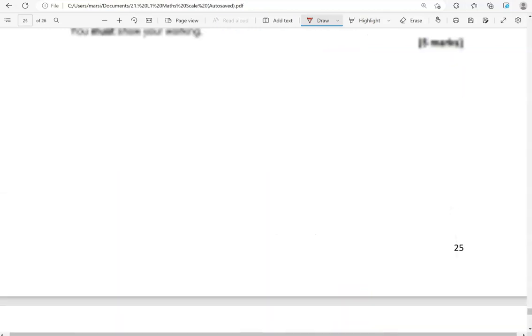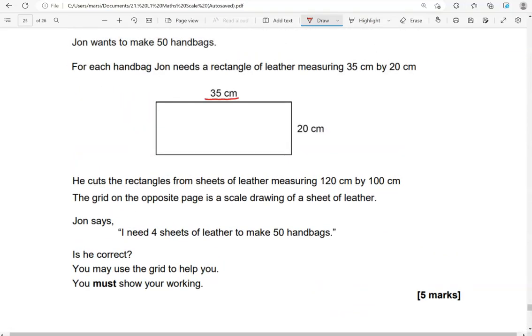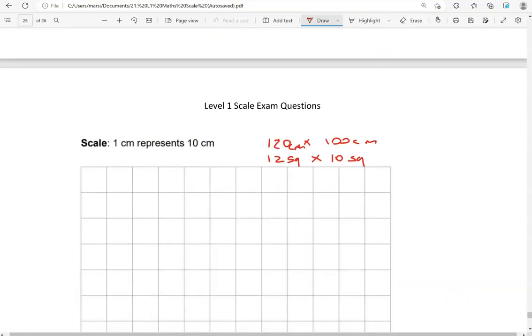What he needs for 1 handbag is 35 centimeters by 20 centimeters. So that is 2 square lengths by 3.5 square lengths. So 2 by 3.5.